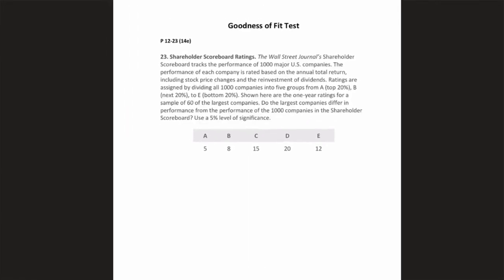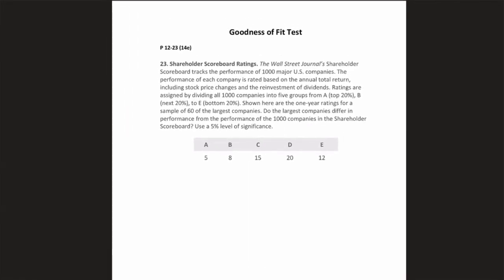And here we go. I'm going to expand it a bit so we can see better. Shareholder scoreboard ratings. The Wall Street Journal's Shareholder Scoreboard tracks the performance of 1,000 major U.S. companies. The performance of each company is rated based on the annual total return, including stock price changes and the reinvestment of dividends.